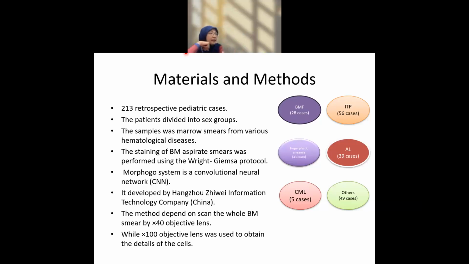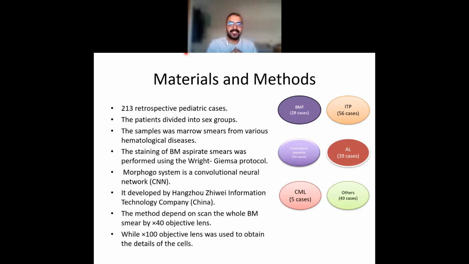Okay. The samples in this paper are bone marrow smears from various hematological diseases. We mentioned it before, and the staining used to prepare the bone marrow aspirate smears was Wright-Giemsa stain. And we will talk now about the Morphojo system, which is the instrument. This instrument depends on deep learning, which is a convolutional neural network, CNN.